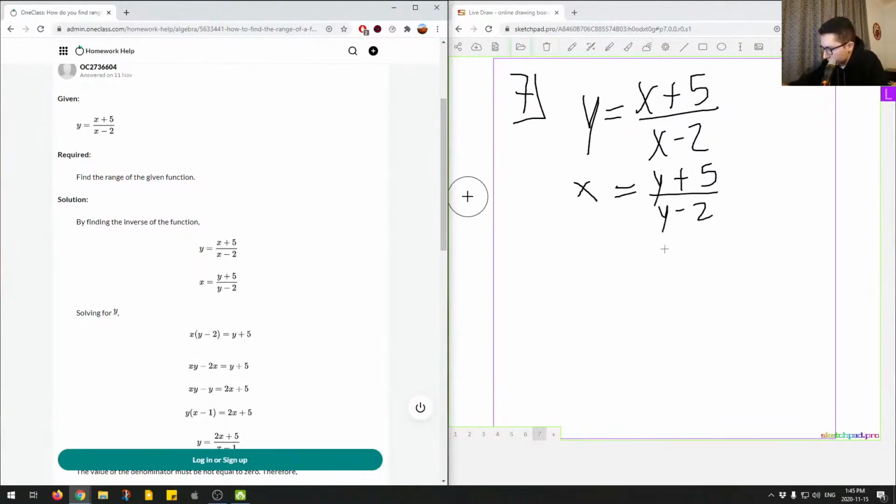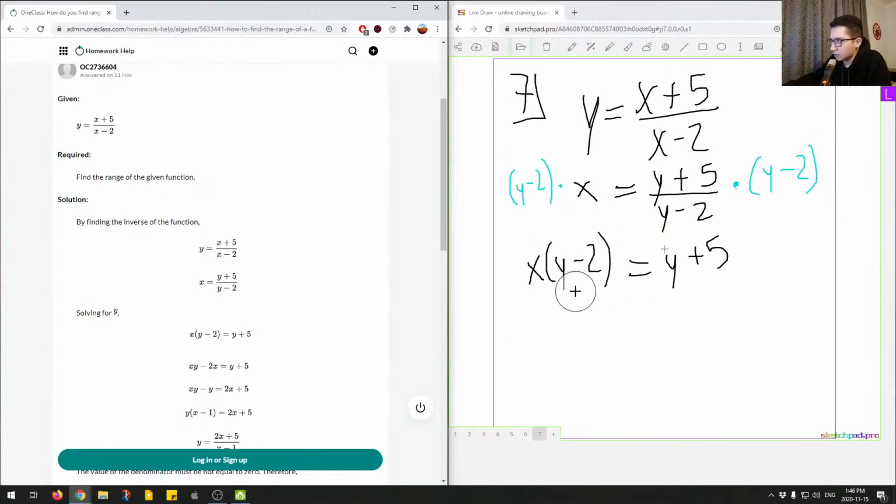So let's use a different color. Times y minus 2 on both sides, and we end up with x times (y minus 2) equals y plus 5.